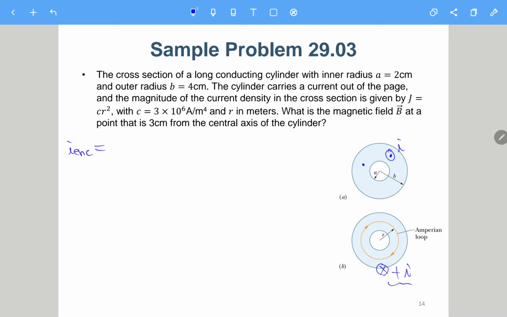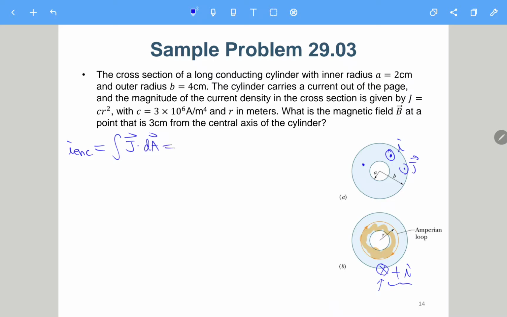Both of them will give you the same answer if you're careful enough not to make a mistake with the polarity. Okay, so here we try to calculate the I enclosed in this region. It is actually the integration of J dot dA. J is pointing out of the page, and dA is pointing into the page, following this direction.